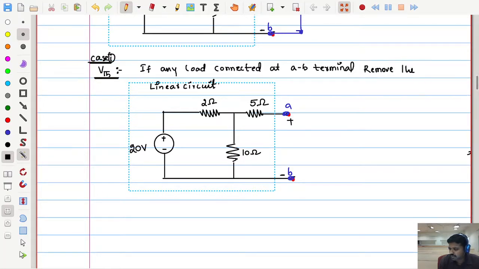Remove the load. As a result, what do we get? We will get open circuit. So this is the open circuit.